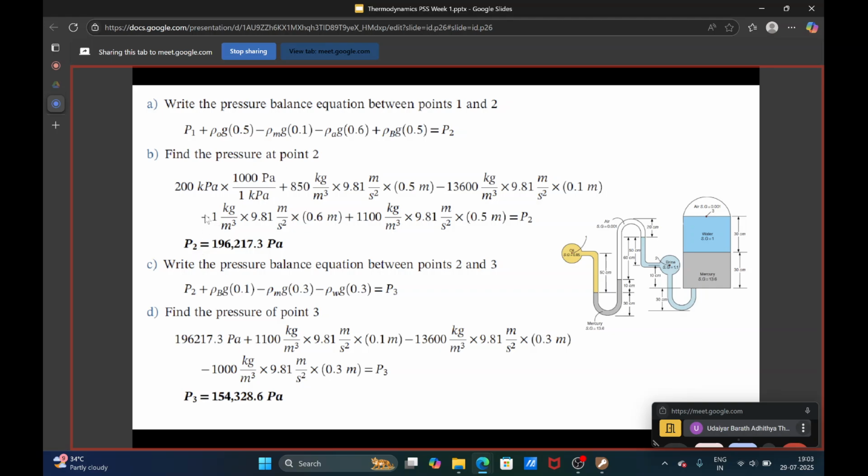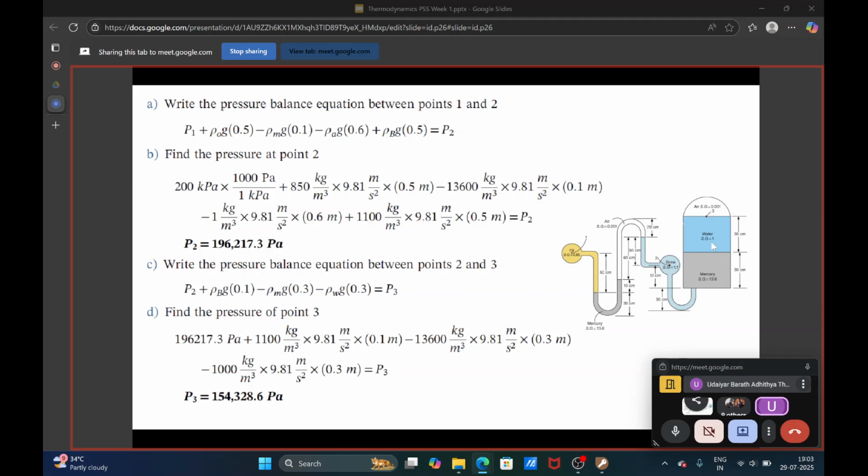In a similar way you find it for points 2 and 3. Points 2 and 3 will be easier. You have a brine height of 10 centimeter. So P2 plus rho of brine into g into 0.1 will be equal to, if you write it from the other side, P3 plus rho of water for 0.3 meters, and then mercury, again for 0.3 meters.